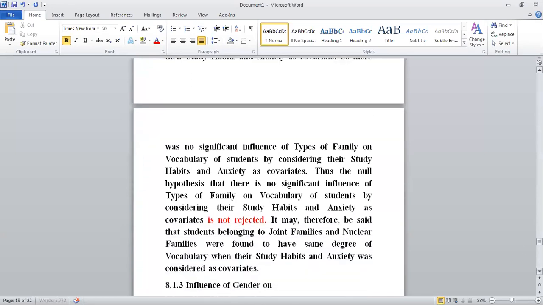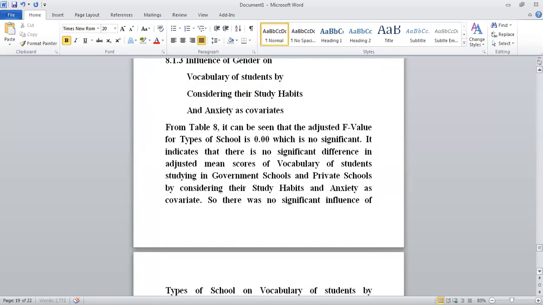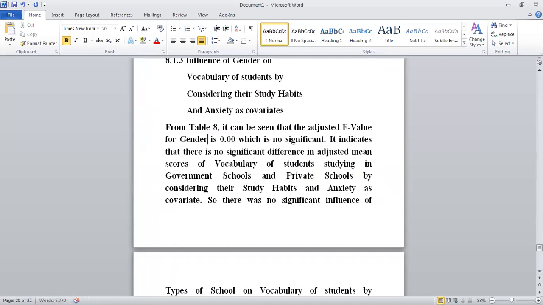Okay, so now I am saying from table 8, it can be seen that the adjusted F value for gender is 0.02, which is not significant. It indicates that there is no significant difference in adjusted mean score of vocabulary of male and female students.